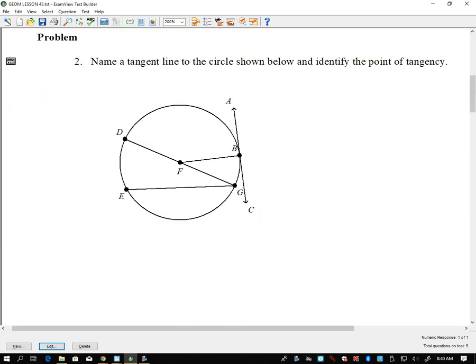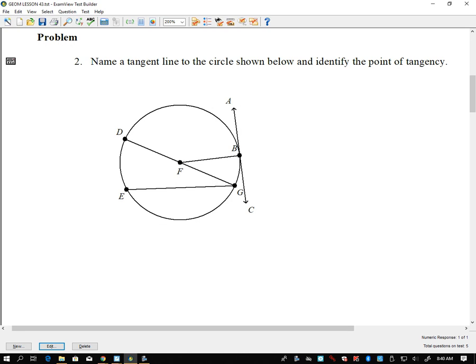All right, Marcos, we want to name a tangent line to the circle shown below, and we want to identify its point of tangency. Now, we didn't really spend a whole lot of time with tangent lines. So before you answer, what do we know about tangent lines? How many places do they intersect a circle? One point.